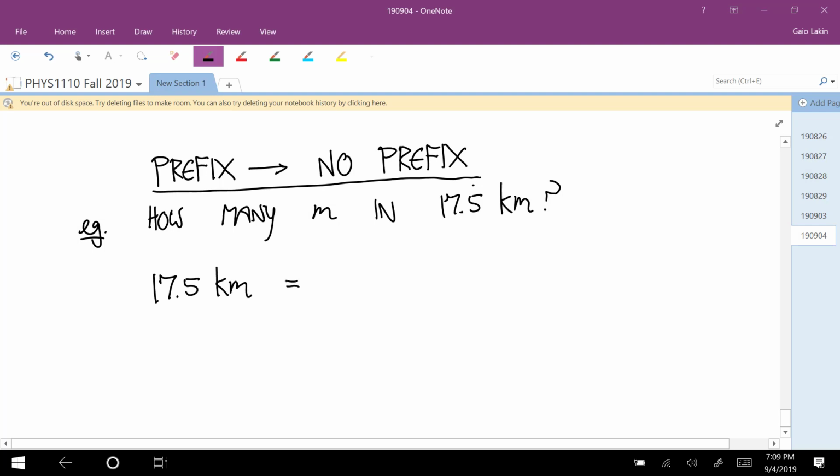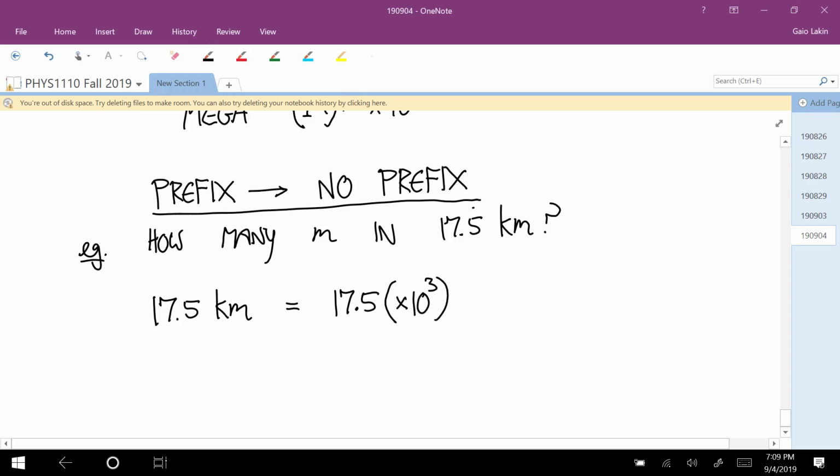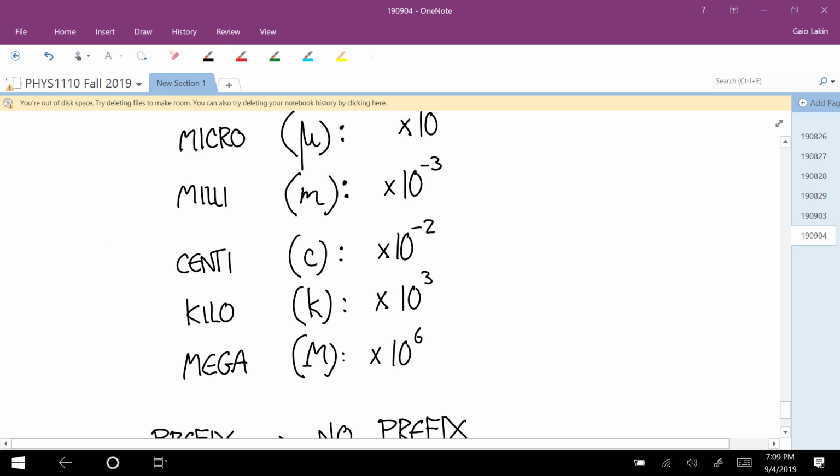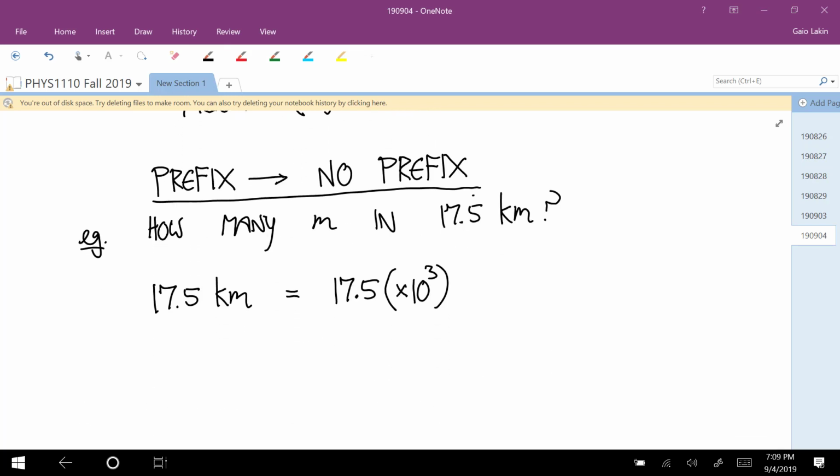And we'll just replace that lowercase k with times 10 to the third, because that's what kilo means. And then we still have the meters. And so this is equal to 17.5 times 10 to the third meters.